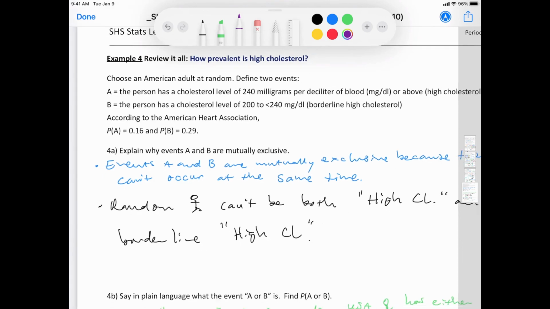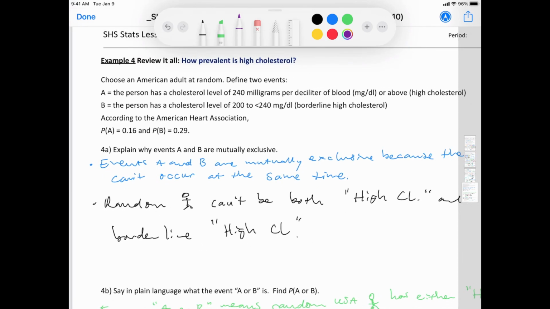Define 2 events. A is a person has cholesterol level of 240 milligrams per deciliter of blood or above. So I'm going to circle in this one high. And then B, the person has a cholesterol level between 200 to less than 240 milligrams per deciliter, borderline.